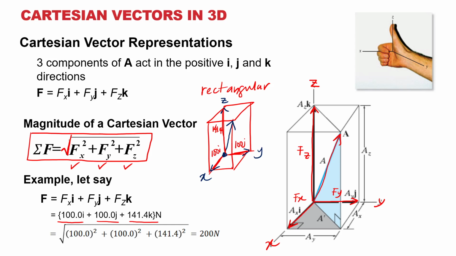You've got to square root the whole thing. You're going to get back the original value, 200 Newton.